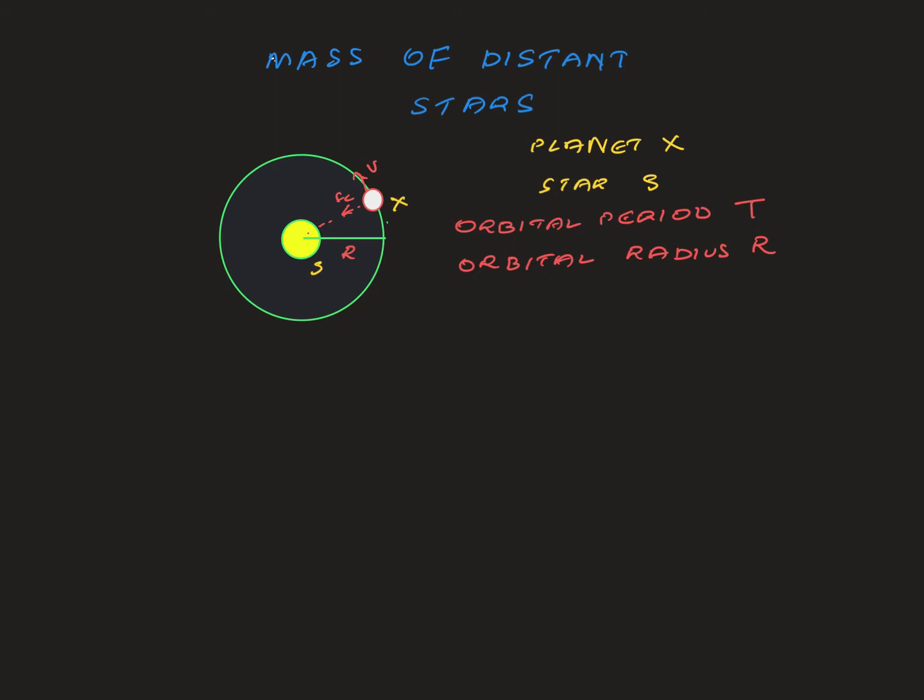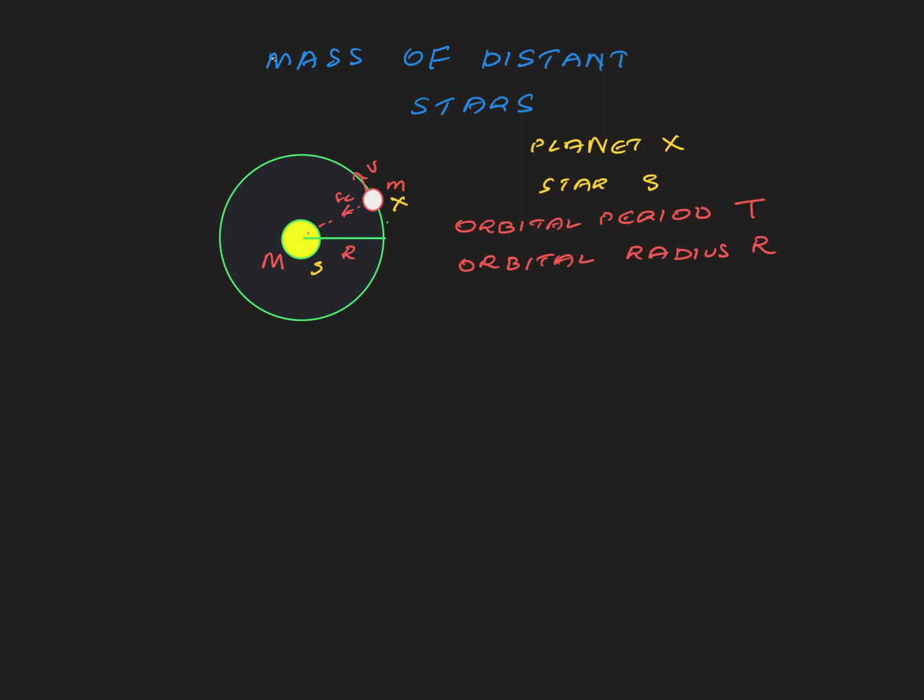We discussed this in previous videos, and we derived the formula for the orbital period and also the orbital velocity. Now we want to derive a formula for the mass of the star. In this scenario we have a star with a mass M, and a planet with a mass small m.